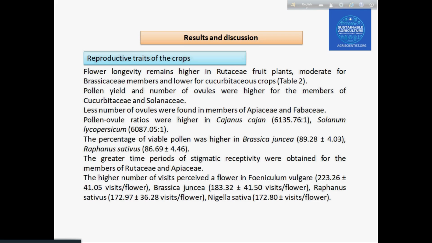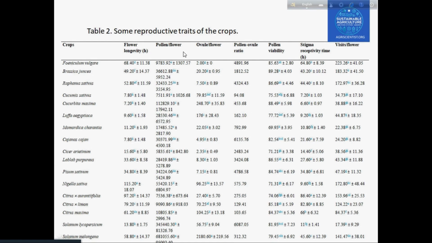Fewer ovules were found in Apiaceae, Fabaceae. Pollen ovule ratio remained higher in Cajanus cajan, Solanum lycopersicum. Higher number of visits was recorded for Foeniculum, Brassica, Raphanus and Nigella. Here table 2 shows different reproductive traits of the selected crops.